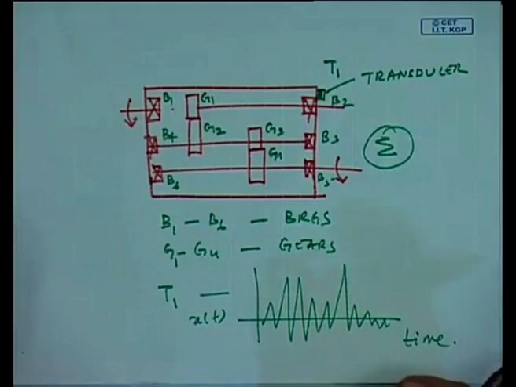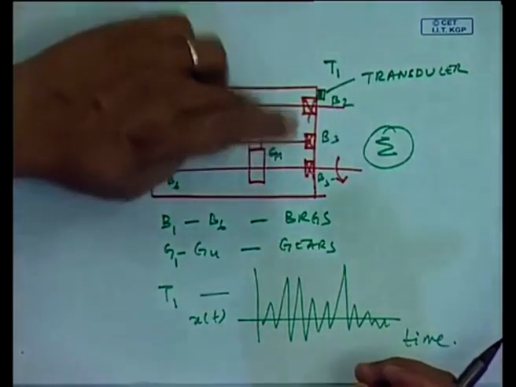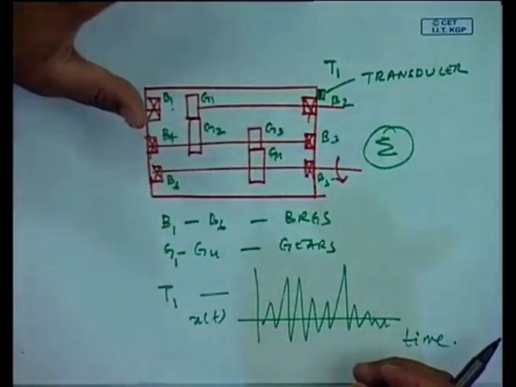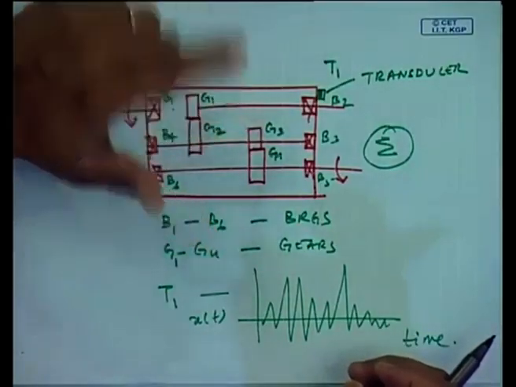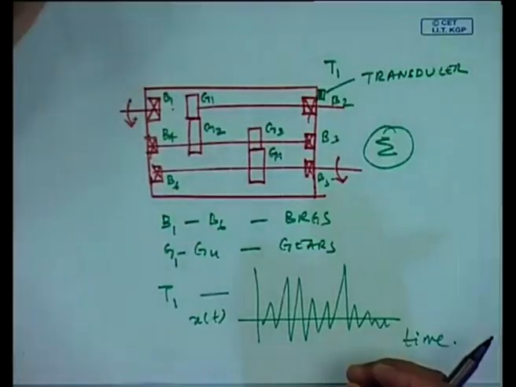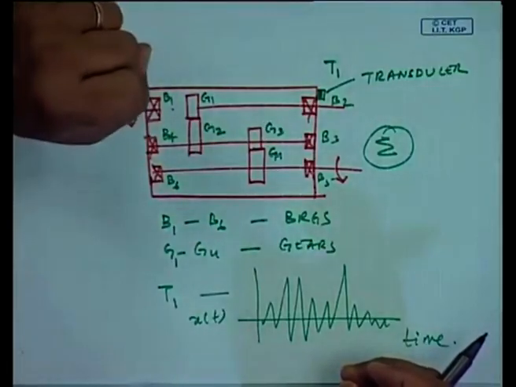We have to know the characteristic frequencies of each of these gears and bearings. If I come to one bearing itself, there could be a defect in the inner race, in the outer race, or in the rolling elements. All these defects will have characteristic frequencies, and we will explain later how they can be calculated once you know the rotational speed, the dimensions and the number of rolling elements.